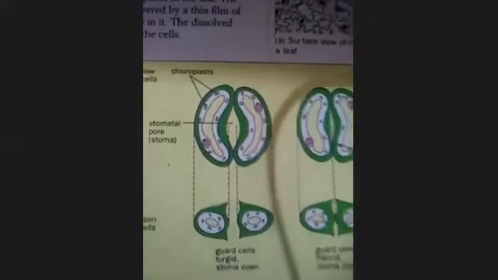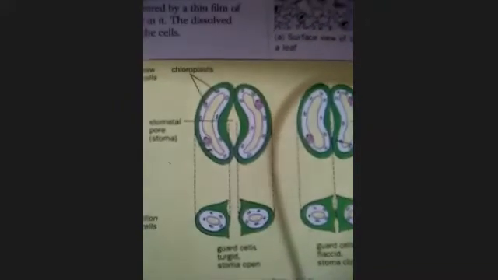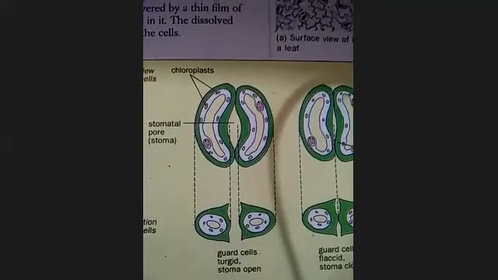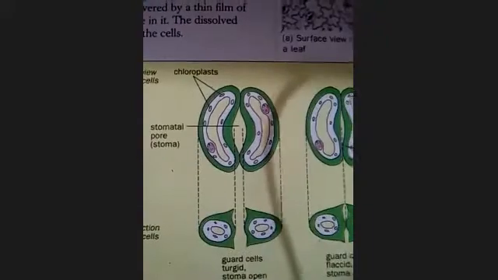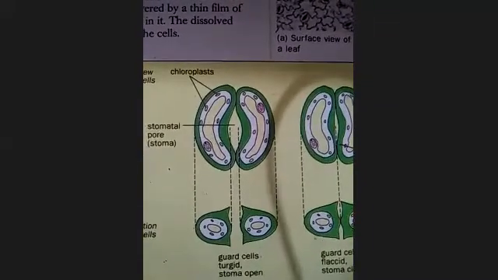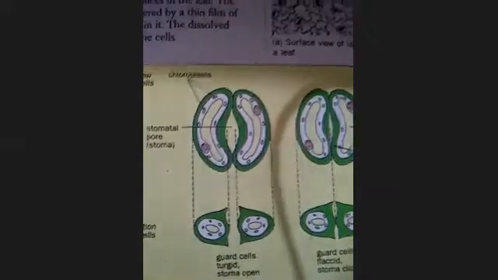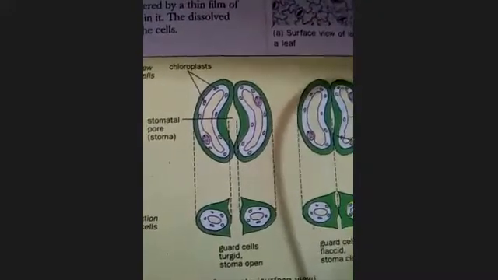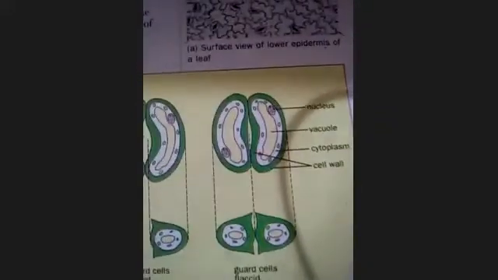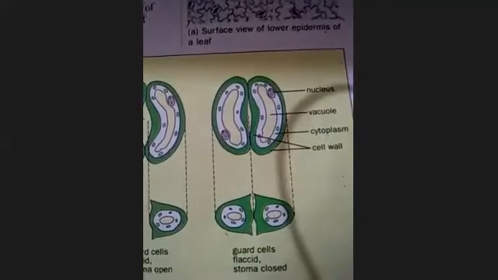And because of this transport of water, these guard cells become turgid, and the more turgid they become, the more curved they become. You can see, because of the curved structure of these guard cells, the stomatal pore is open, and when this water is lost to the environment, these guard cells become flaccid, and hence the stomatal pore is closed.